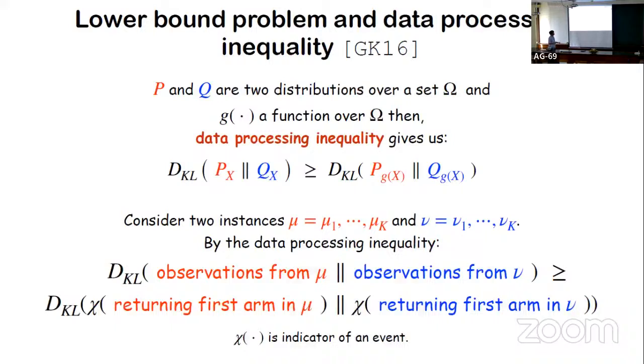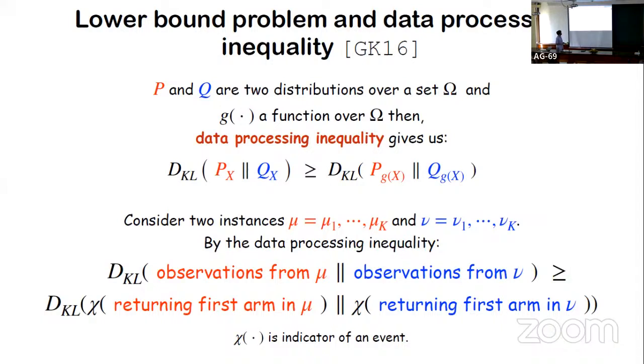So now we look at the lower bound problem, and this will help us design the algorithm. First we look at something called the data processing inequality. Let's say there is some sample space and I have two distributions over it, P and Q, and there is a function G defined over the sample space.